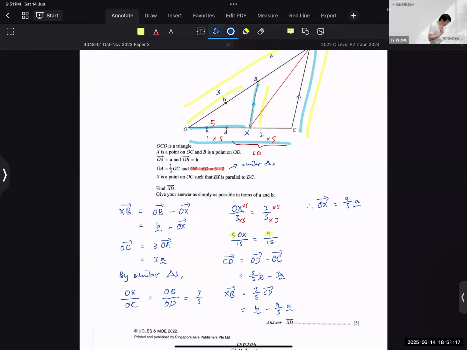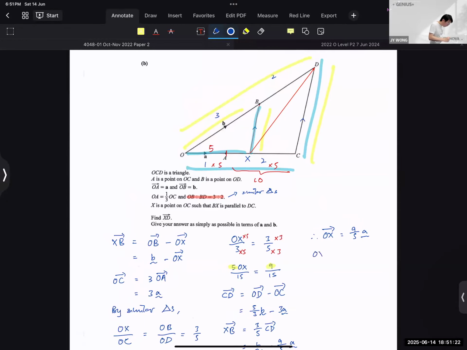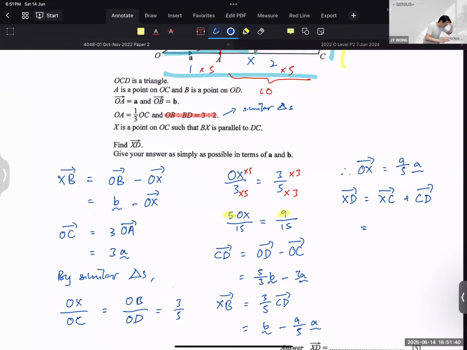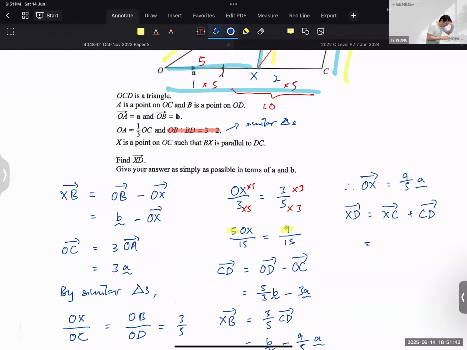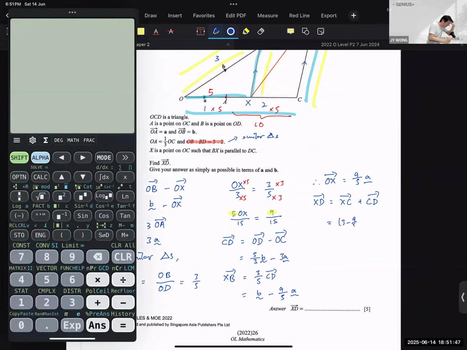And therefore, how do I find XD? Where in the world is XD? XD is equal to XC plus CD, which is equal to, how do I find XC? I know the total is 3A. I have 9/5A. So it's 3 minus 9/5A. That is your XC, right?